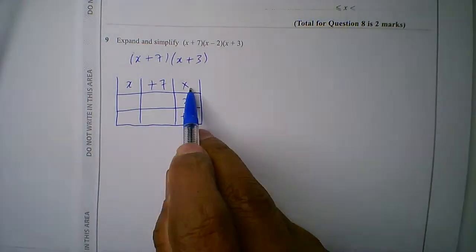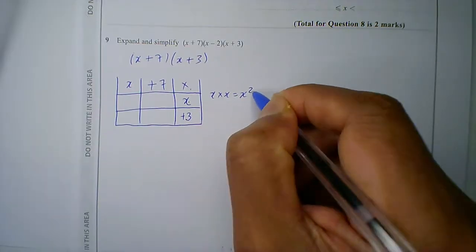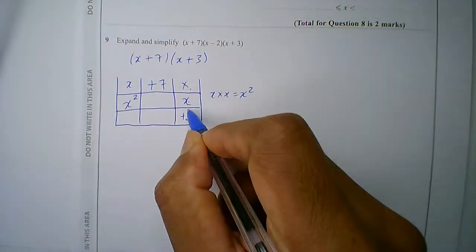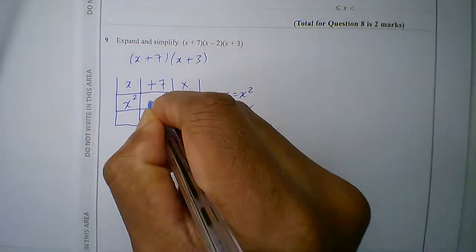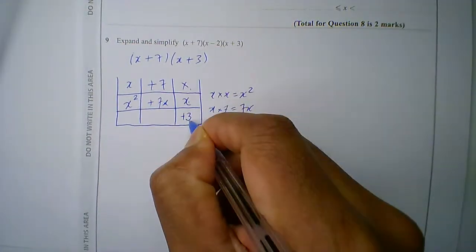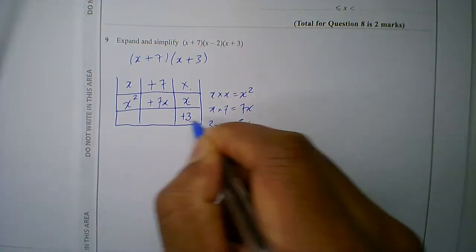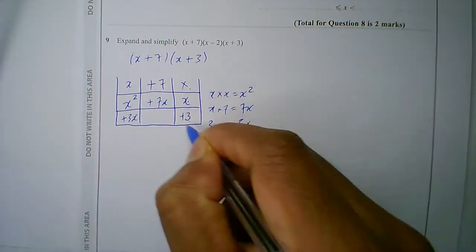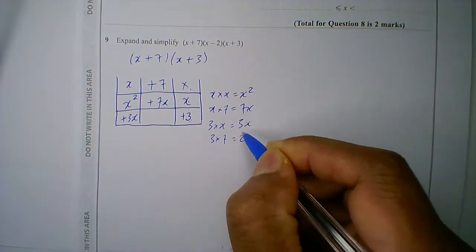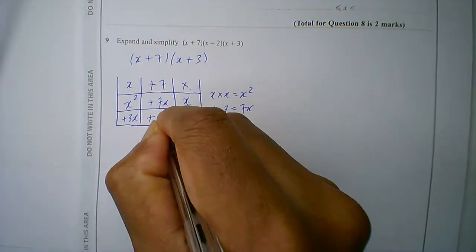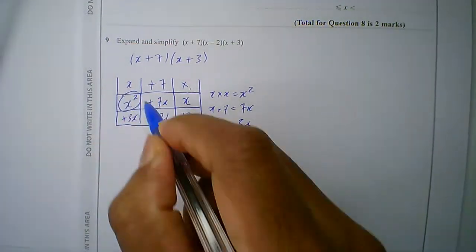and so I've got x times x, which is x squared, x times 7, which is 7x, plus 7x, 3 times x is 3x, so plus 3x, 3 times 7 equals 21, plus 21. And now I've got my x squared here.